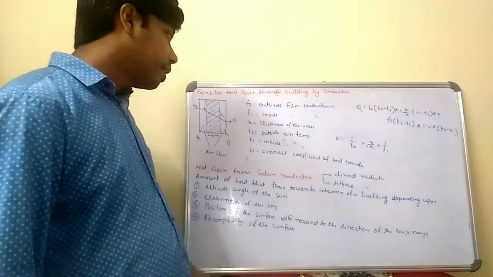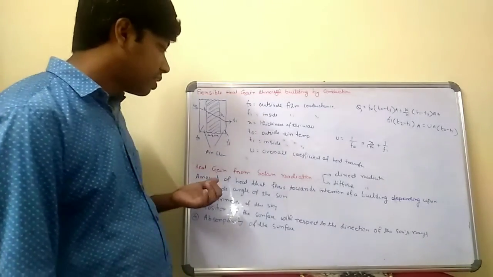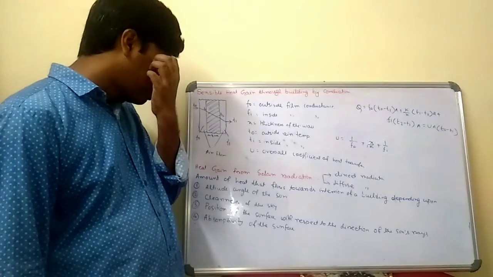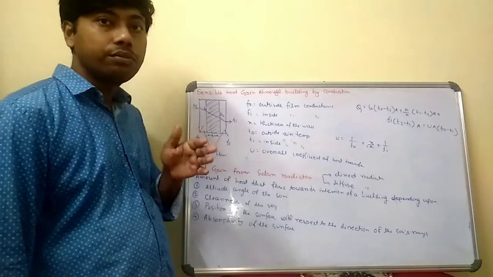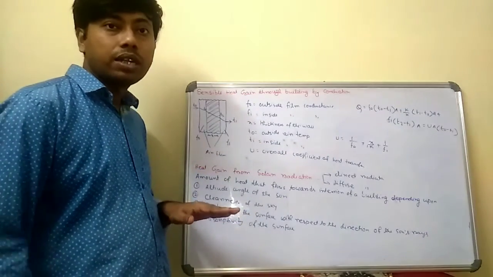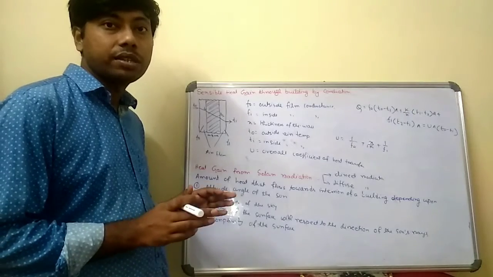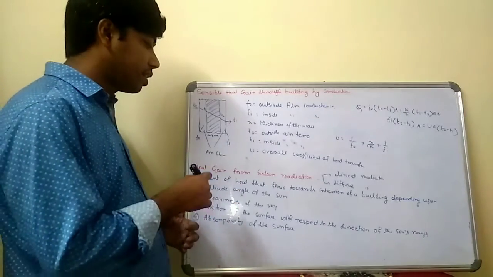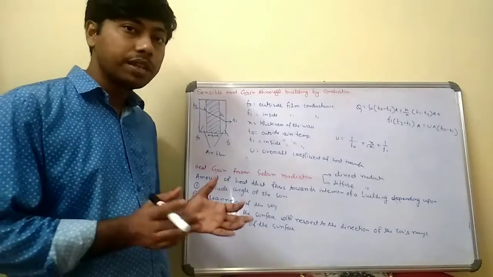Again, heat gain can be possible by other methods also, by means of solar radiation. Solar radiation means, from the sun, what amount of heat radiation is coming from the exterior walls of the building. That means there may be some heat gain.